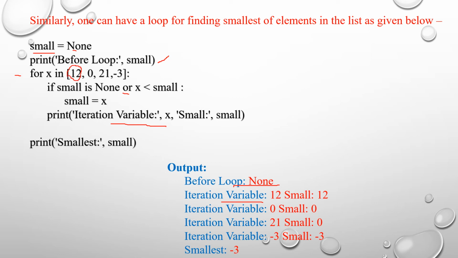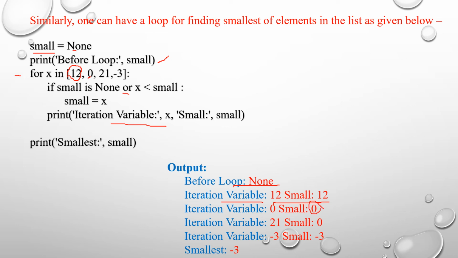In our list we have 12, so 12 is compared with None, and the smallest value is 12. In the next iteration, the iterated value is 0. So 0 is compared with 12. After comparing, the interpreter prints the smallest value, and the smallest value is 0.